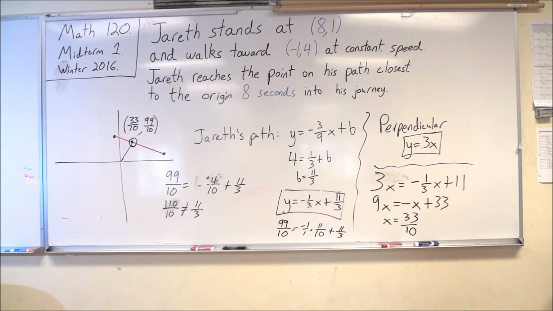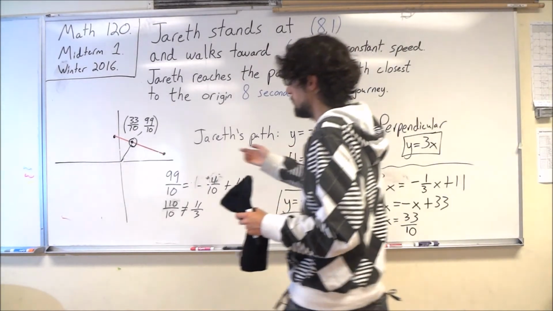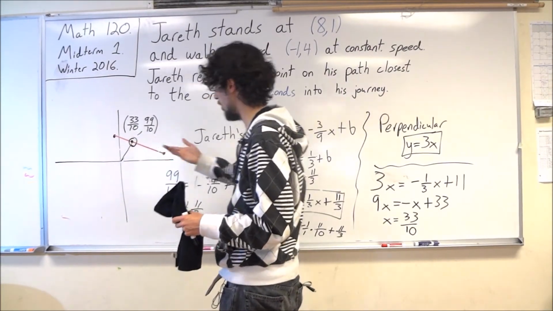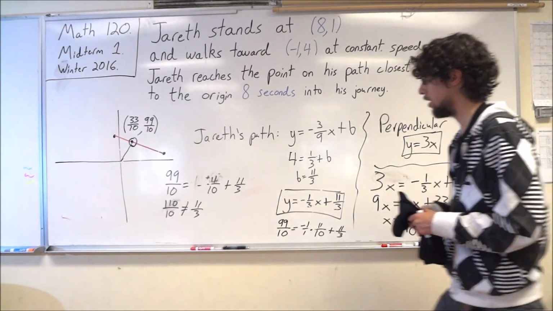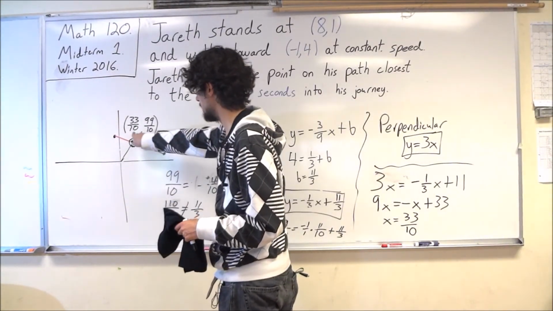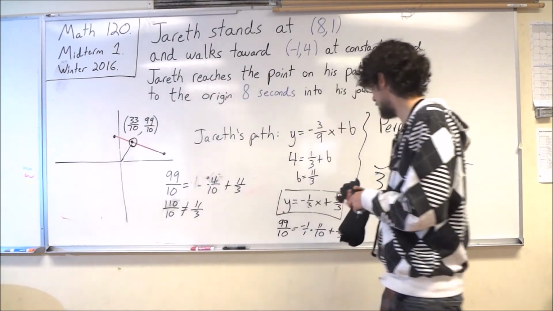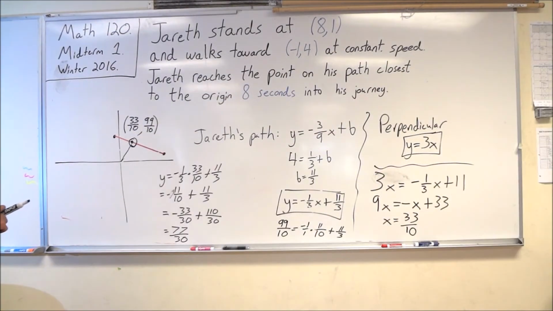The reason I say that there must be one is because supposedly this is the point that's on Jareth's path that is closest to the origin, but from what I can tell, this point isn't actually on Jareth's path. In an exam setting, I would likely cut my losses at this point.